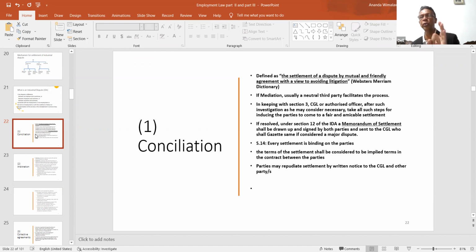If parties do not agree, saying no, we don't like to refer this matter for arbitration, and keep dragging, but we need to settle as quickly as possible. So then the Labor Department, the commissioner, will take a decision. Okay, you do not agree, then I will refer this matter to the minister. Then, whether they give their consent or not is not important. The minister will refer that matter to an arbitrator.